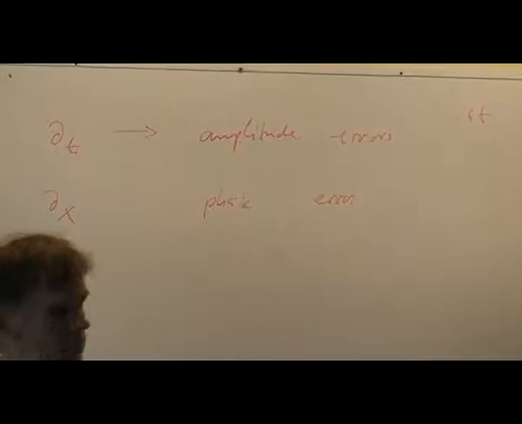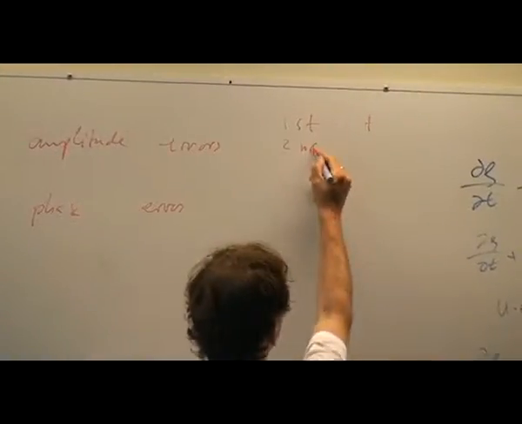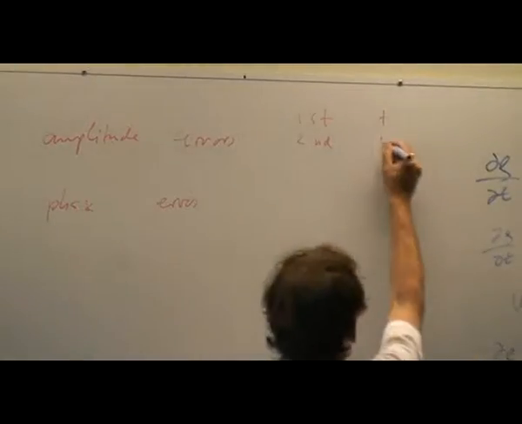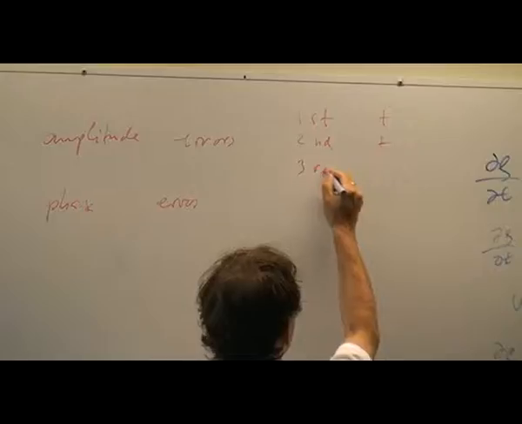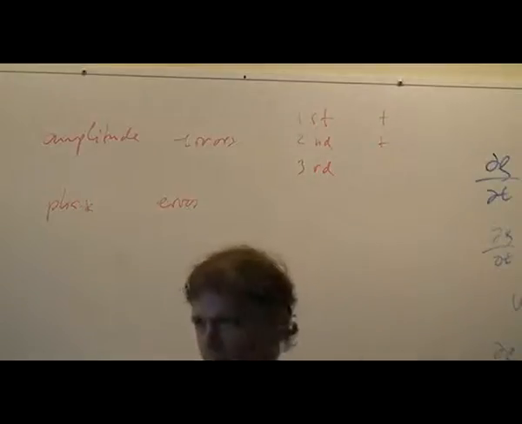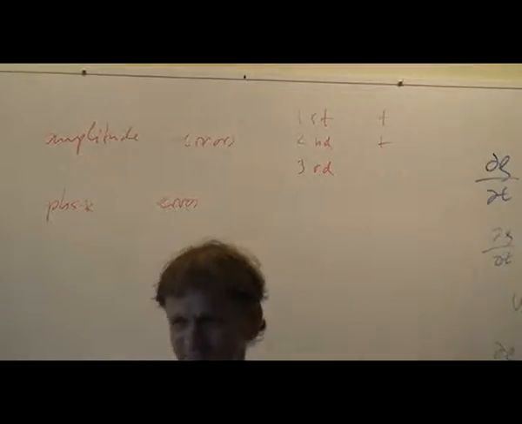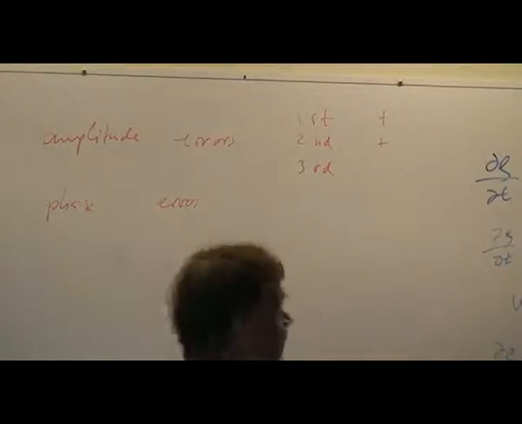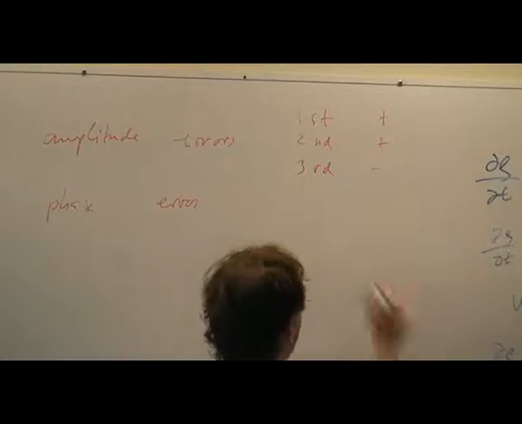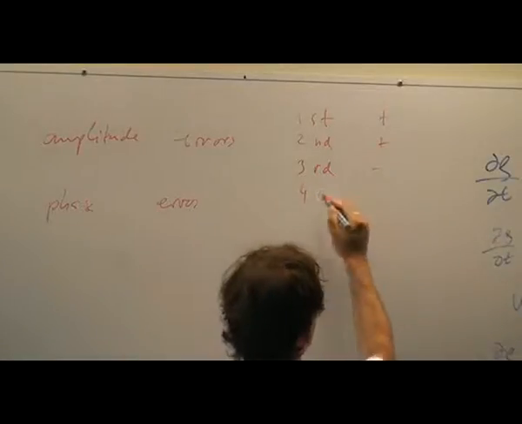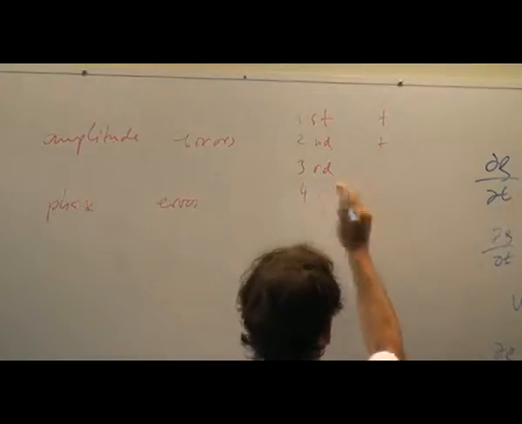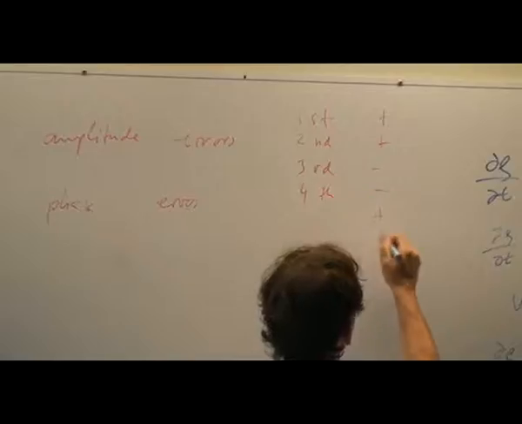It's an anti-diffusive error. The second order scheme, anybody knows that? Positive or negative? Yes. And third one? No. That one is negative. And the fourth one is also negative, and then it's positive again. I thought we had a very little one.